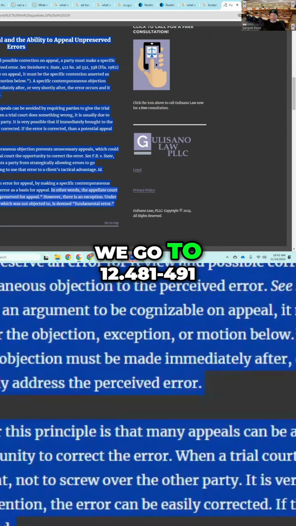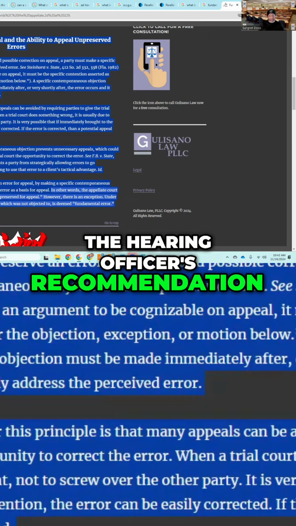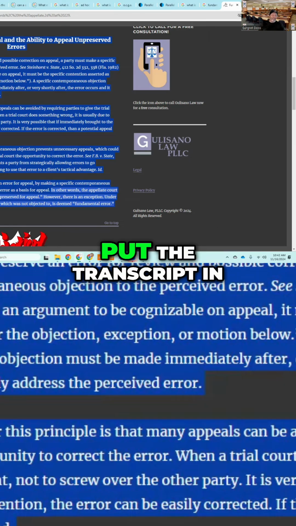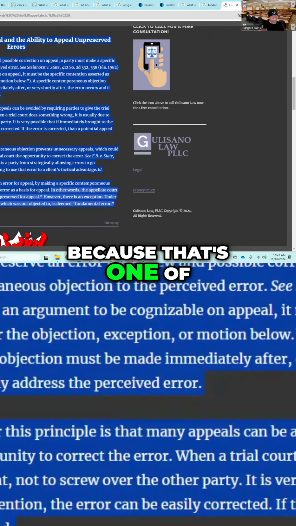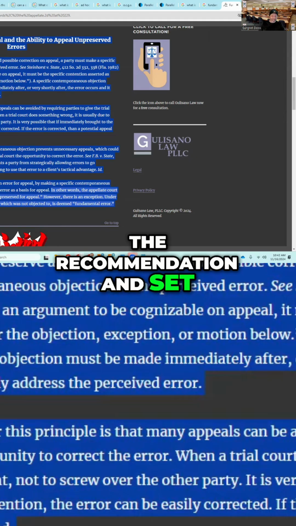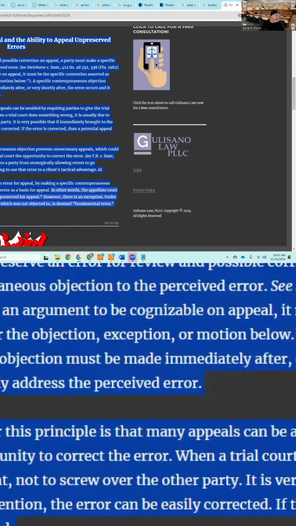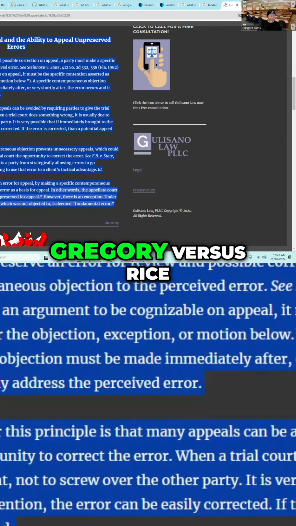And in Florida, we go to 12.491 when you vacate. Like when I vacated the hearing officer's recommendation, I went and got the transcript and put the transcript in the record because that's one of the requirements. If you want to vacate the recommendation and set it for a judge, the judge has a duty to review the transcript, and that came from Gregory versus Rice.